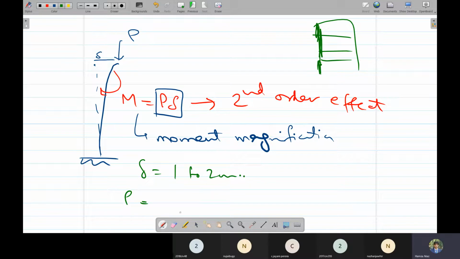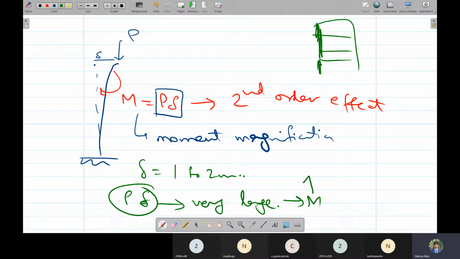So even very small deflections, when subjected to very high axial loads, give a very large product P delta. This large product means a very high moment, and this can cause the column to fail well before what we anticipated. All right, so this is the P-delta effect.